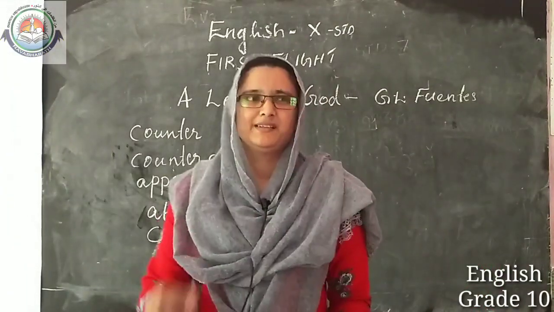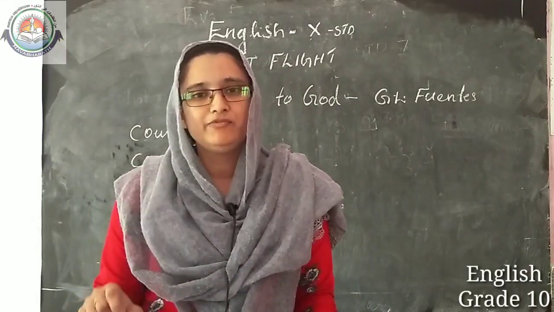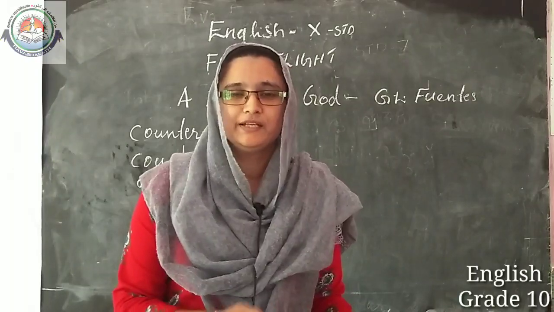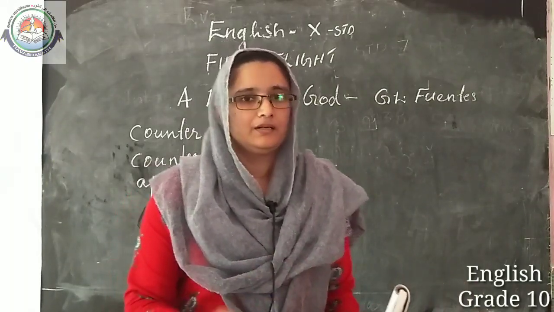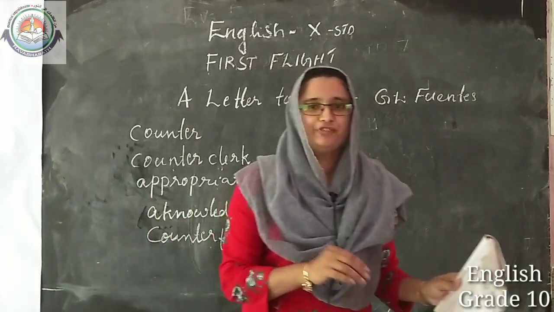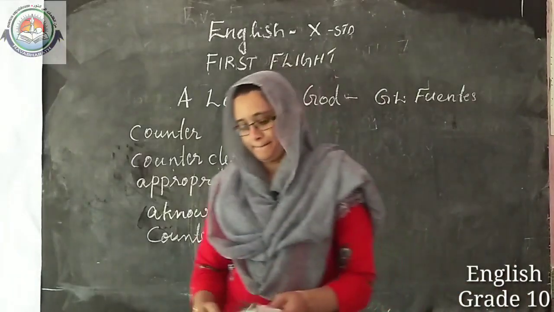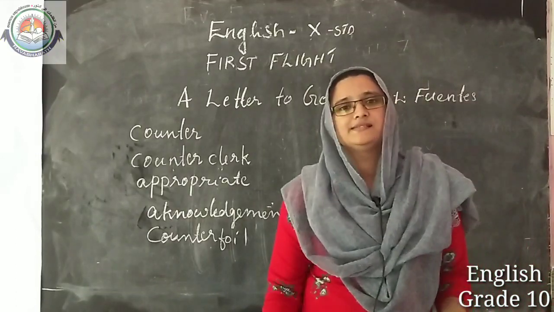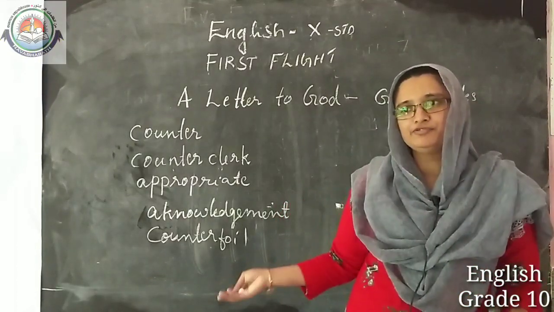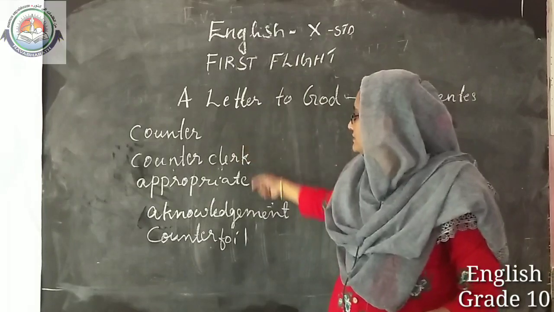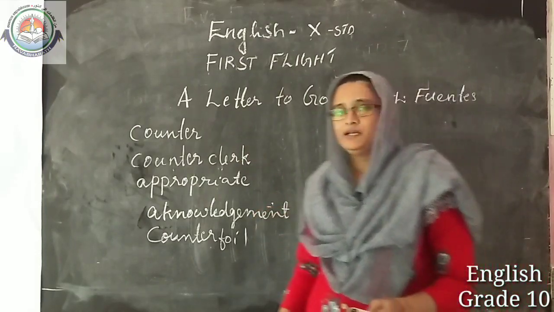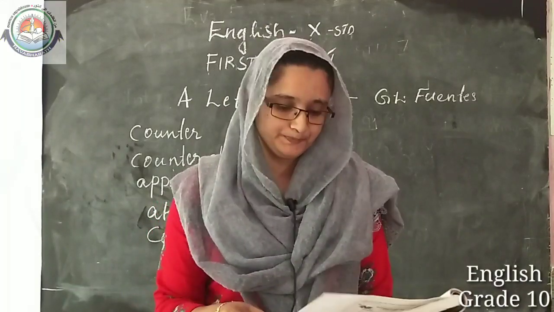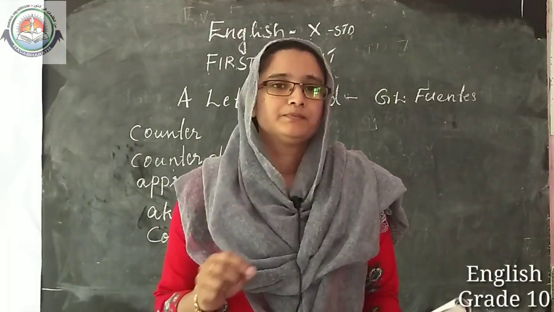Acknowledgement is nothing but a receipt of money which we are giving, and we can consider it as a proof. We can keep it in our file as a record. Then next one, counterfoil. Counterfoil is a part of a check or a form. These are the words we need to know before filling a MO form. MO form means money order form.